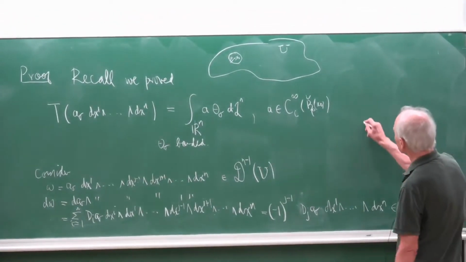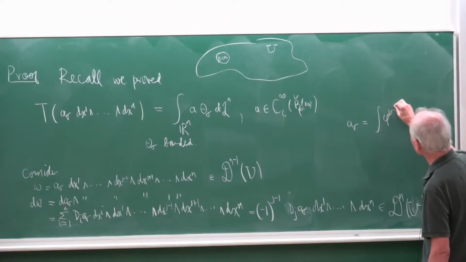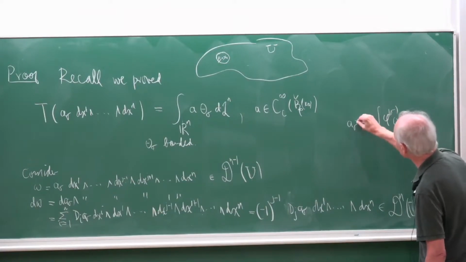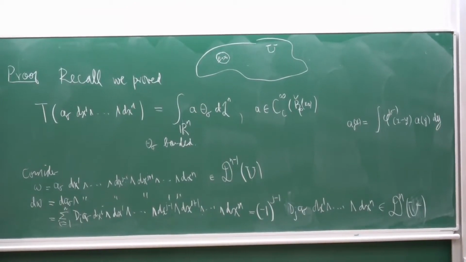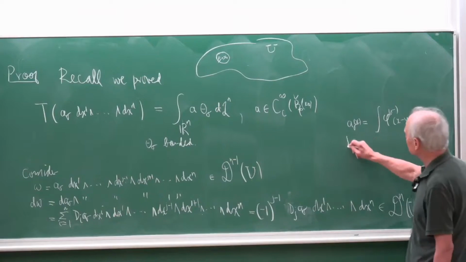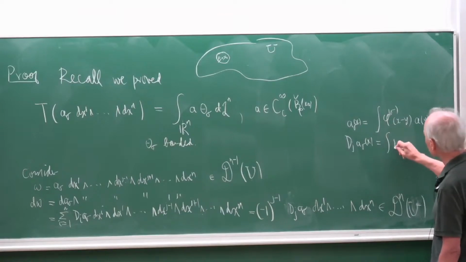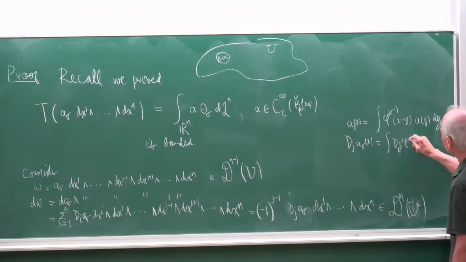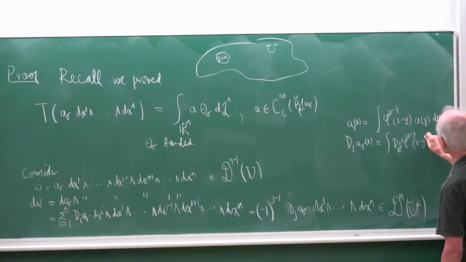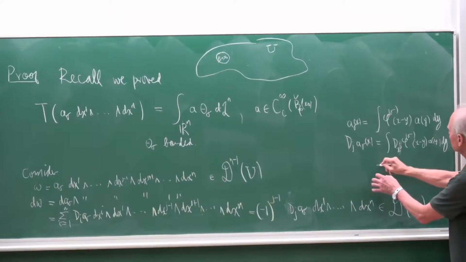Now notice A sigma is the mollified version of A. Remember what that looks like: A sigma at x is the integral of the mollifying function, phi sigma of x minus y, times A of y dy. Remember we talked about mollifying last time. And notice that d_j of A sigma of x is the same as d_j of this. You can put the derivative under the integral sign, of course. It's the partial with respect to the jth x coordinate of phi sigma of x minus y, times A of y dy.